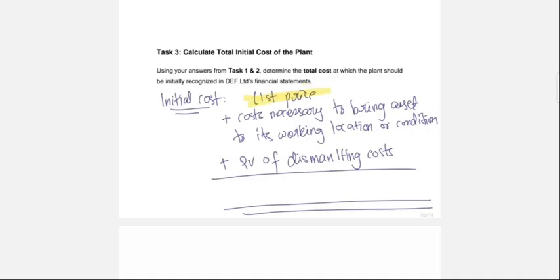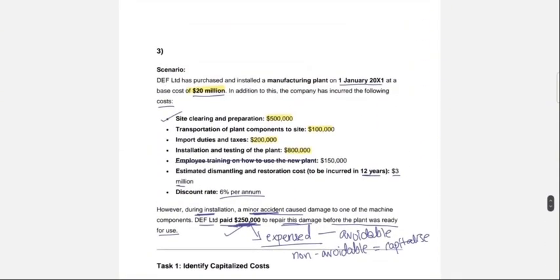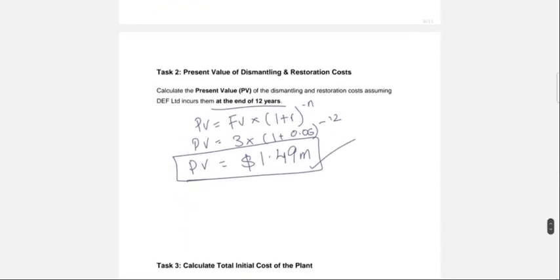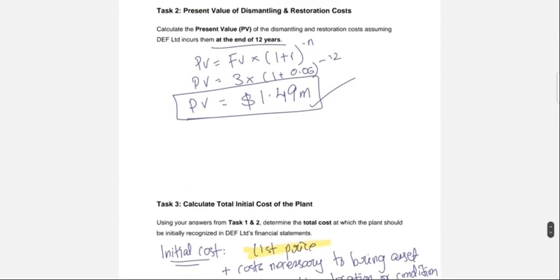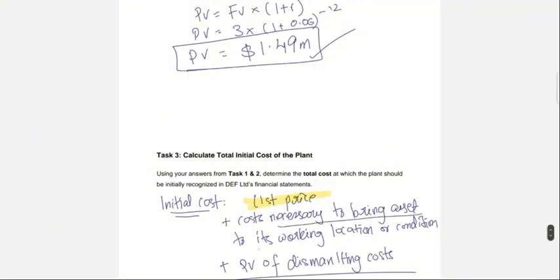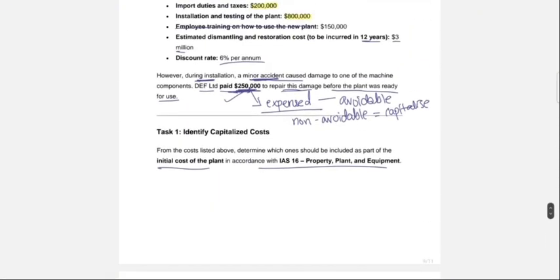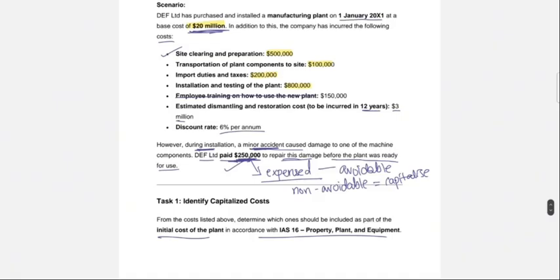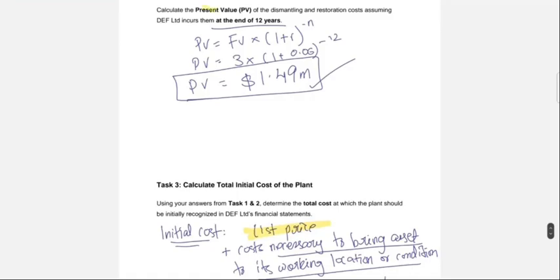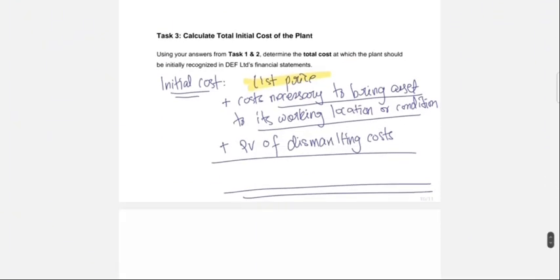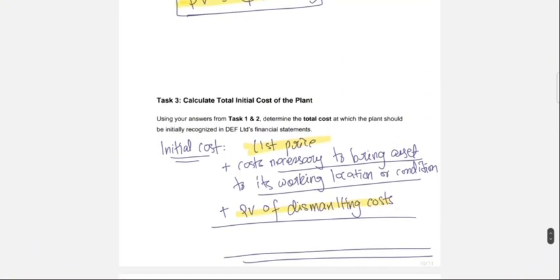You will have the list price. What is the list price? If you go above, the list price was 20 million. So on your calculators, you will write 20 million plus the costs necessary to bring the asset to its working location or condition, which are all these costs which we have highlighted, plus all of these costs. And then you will add the present value of the dismantling provision, which is here. Once you add this, you will get 23.09 million.